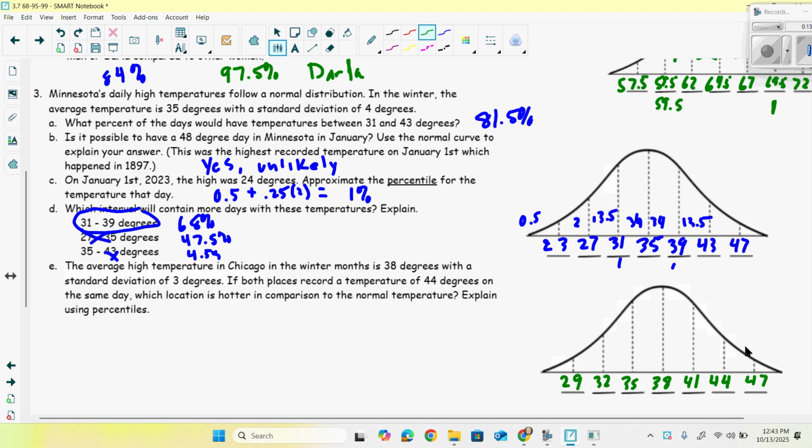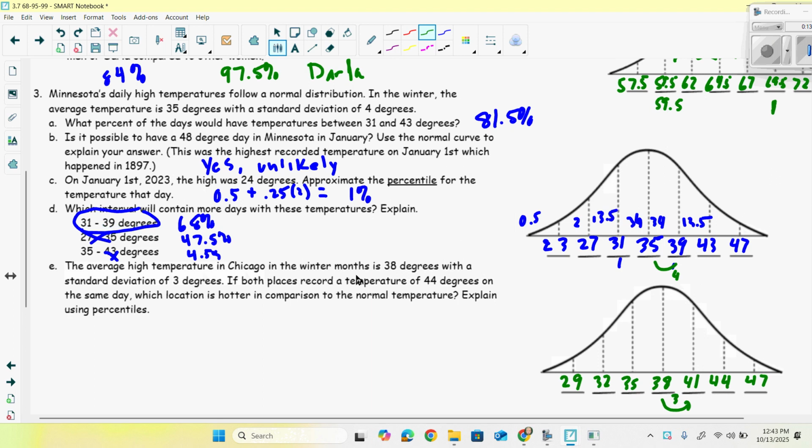Okay. Now when we look at the amount of days, and it's kind of curious here, this 47 and 47, they're the same, so they're going to have the same percentages, but that happened because this standard deviation is only 3 degrees, and the standard deviation up here was 4. So it's a little more spread out for Minnesota.